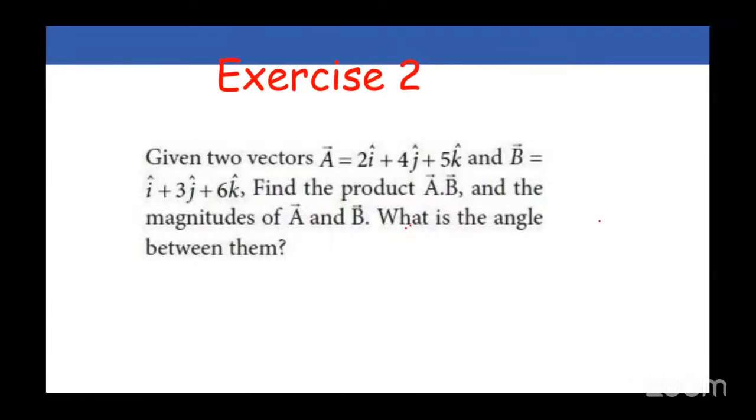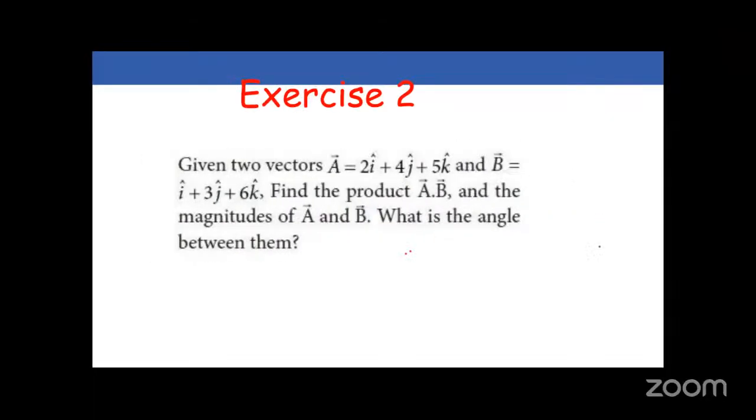So let's look at another example. Here we are given two vectors, A equals 2i plus 4j plus 5k, and vector B given as i plus 3j plus 6k.